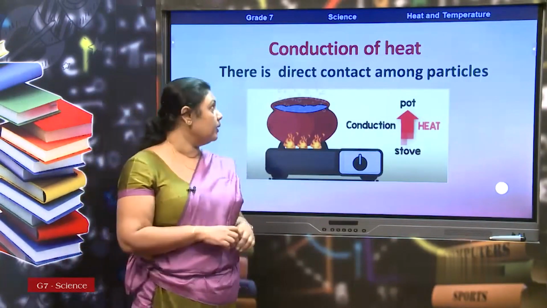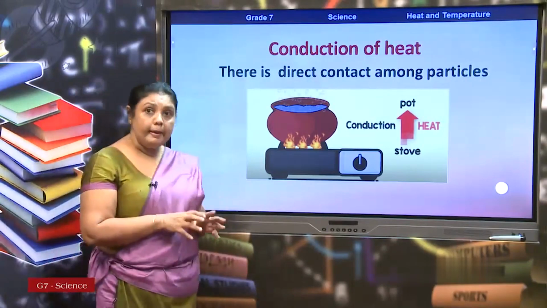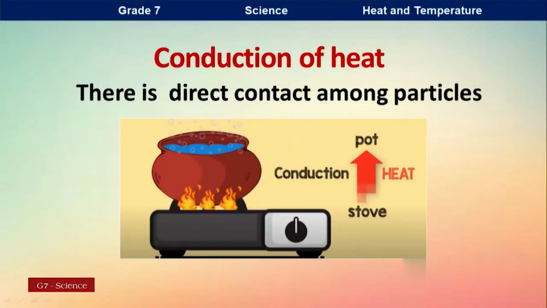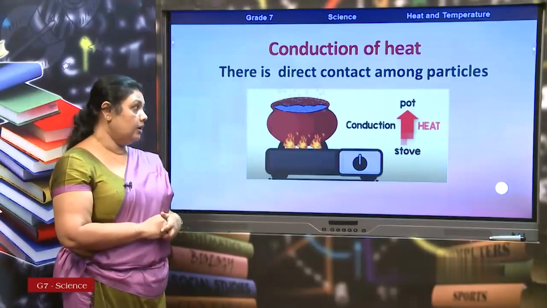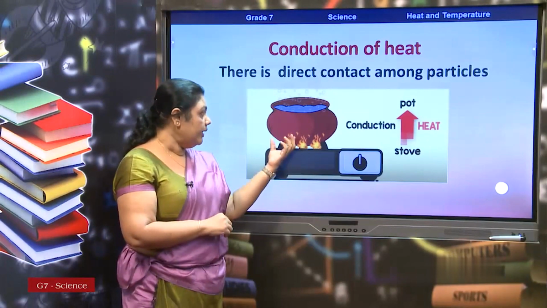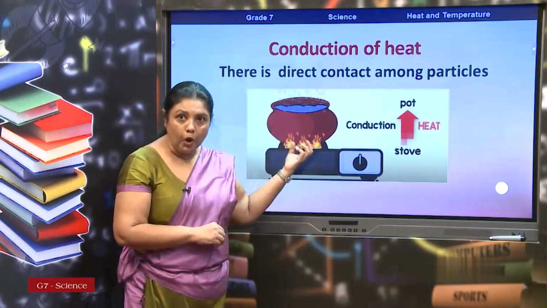Conduction of heat. This happens with direct contact. You know very well what direct contact is, touching. If you hold your friend's hand, that is direct contact. If you just touch your table, that is direct contact. So, here direct contact helps in conduction. How? The stove is there, and heat is given to the pot.